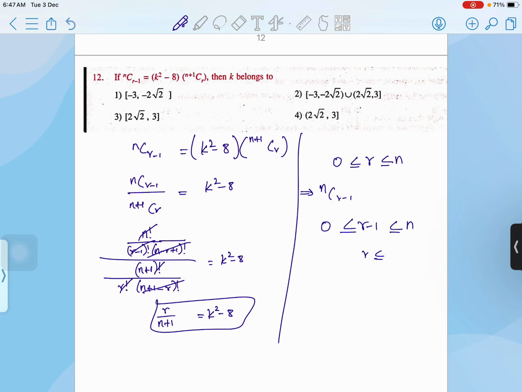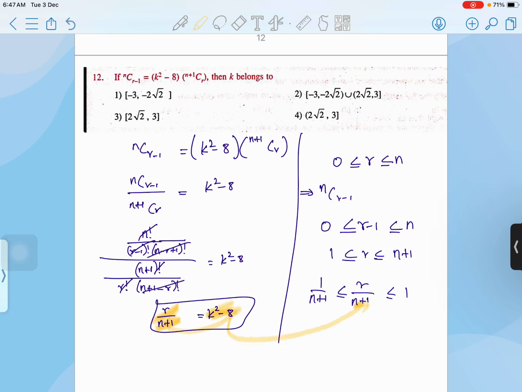So the r value should be from 1. Okay, then divide everyone by n plus 1. So 1 by n plus 1 less than or equal to r by n plus 1 less than or equal to 1.